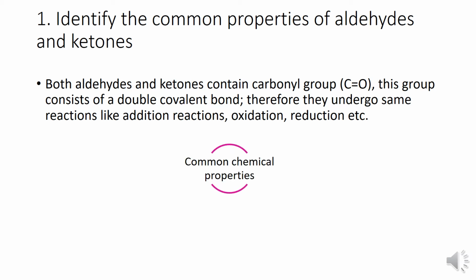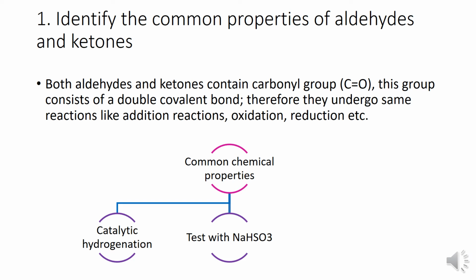Let's see here the common chemical properties of aldehydes and ketones. The first one is catalytic hydrogenation. The second one is the test with sodium hydrogen sulfide. The third one is the test with DNPH.